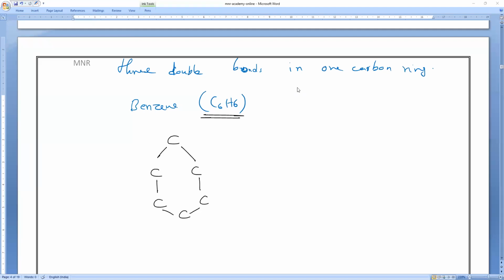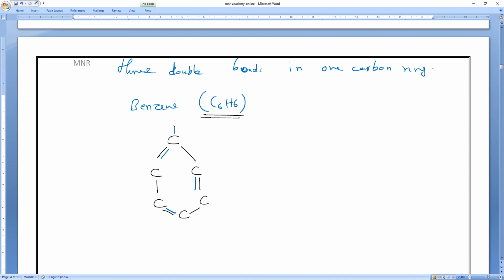Choosing alternate carbons, I put the double bond: first carbon, leave the second. Now verify how many bonds each carbon satisfies. Three. So the first carbon is satisfied with 3.